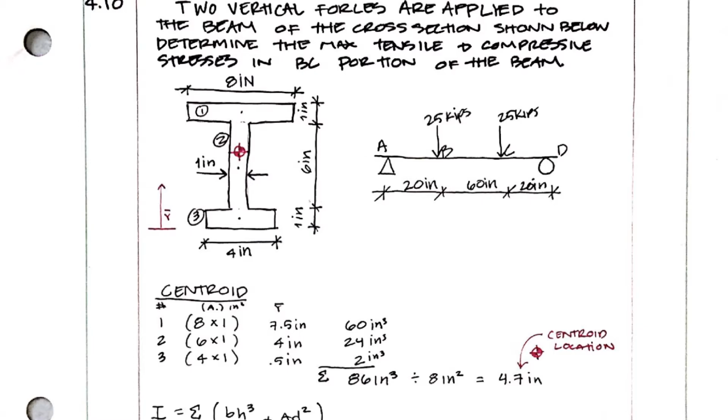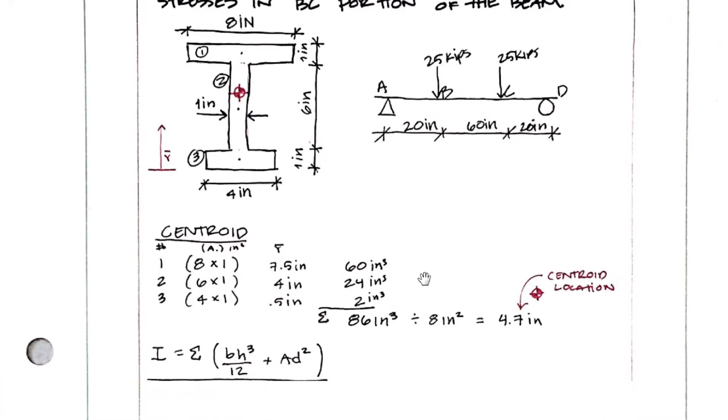Now we're going to find our I for this, and we're going to be using the parallel axis theorem, because we have 3 sections and each one is a rectangle, and we only know the equation for I of a rectangle, plus semicircle, triangle, and all the other ones that are also on that additional sheet I provided. Most of them are rectangles.